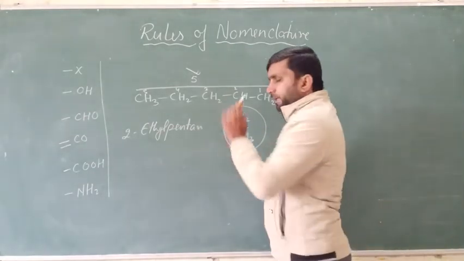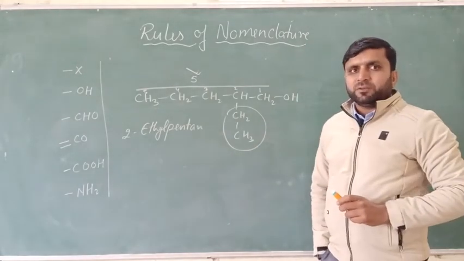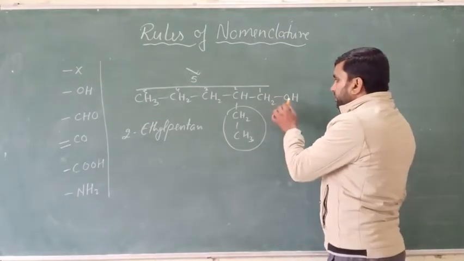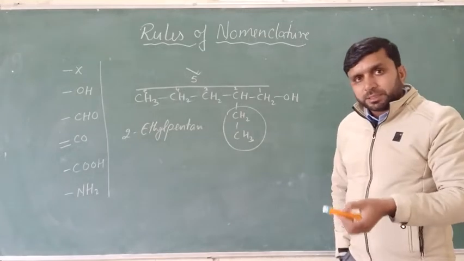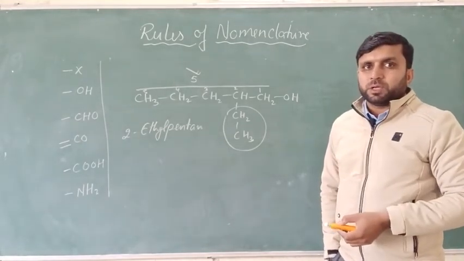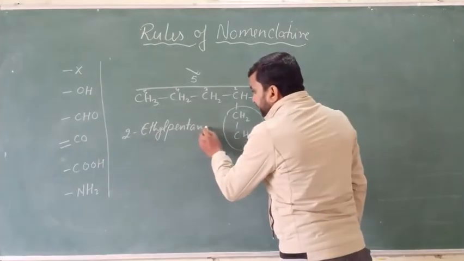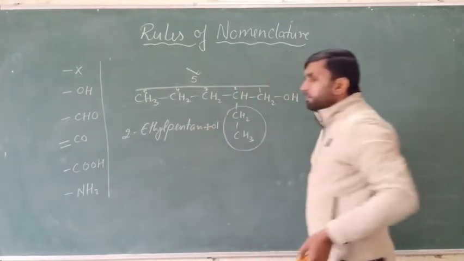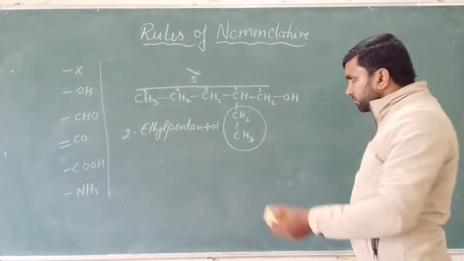So from pentane, E will be removed, and for OH, the alcoholic functional group, we write the suffix OL. Because this OH can be present anywhere, we also need to write the position of the alcoholic group, where it is present. So pentan-1-ol. This will be the name of the organic compound if it contains a functional group.